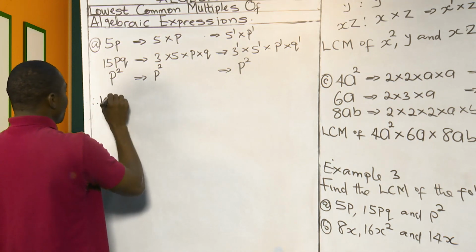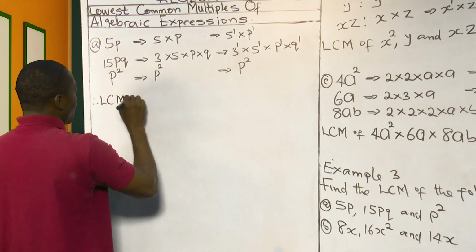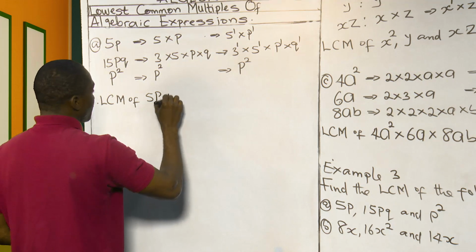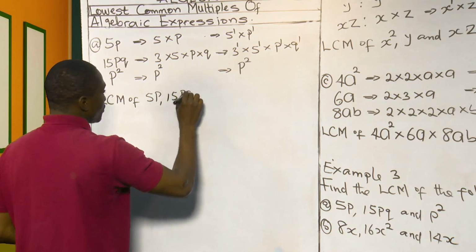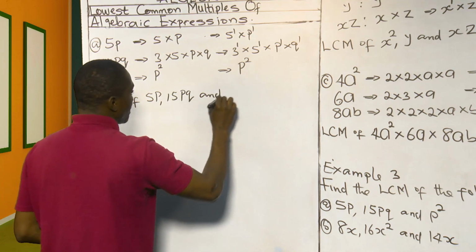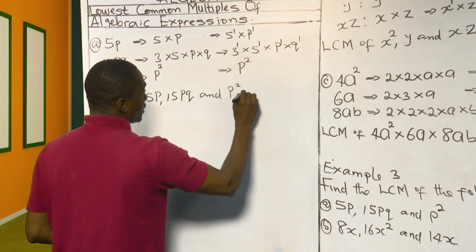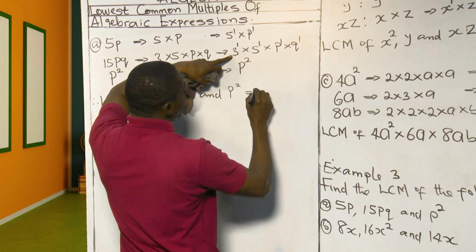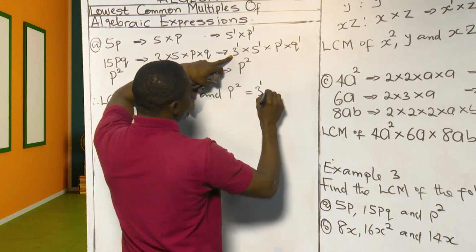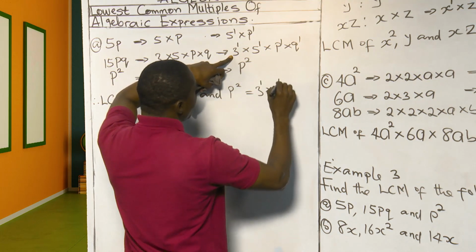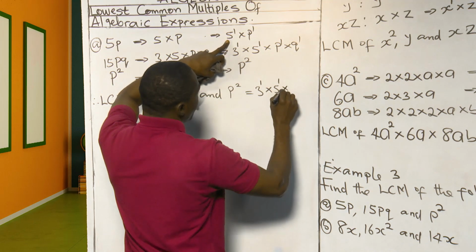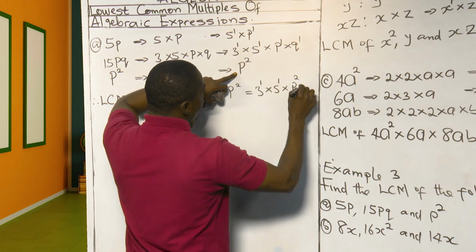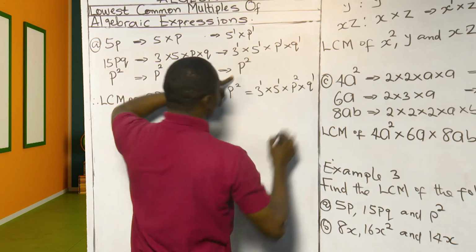Therefore, the LCM of 5p, 15pq, and p squared will be equal to 3 raised to power 1 multiplied by 5 raised to power 1 multiplied by p raised to power 2 multiplied by q raised to power 1.